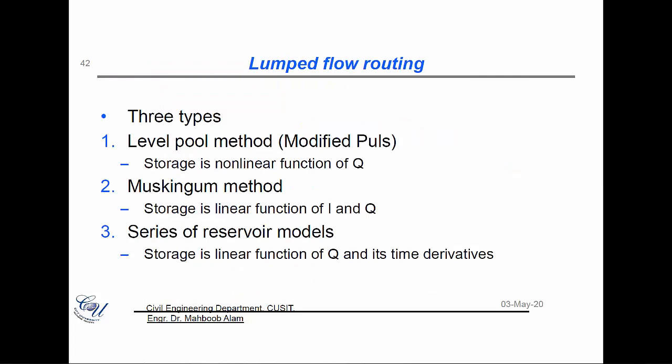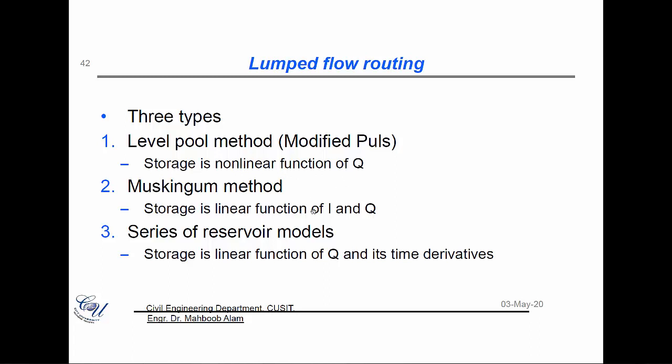Okay, in this lecture we are looking at the level pool method. Hydrologic routing, for example, has these different kind of methods available: level pool method, Muskingum method, and then some mixture of the top two. Level pool method is basically also called modified pulse model, where the storage is a non-linear function of discharge.